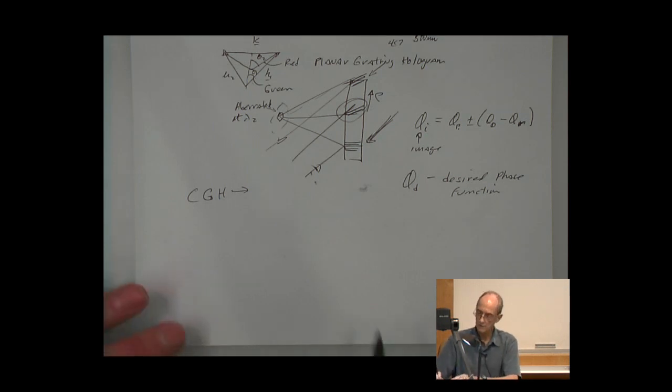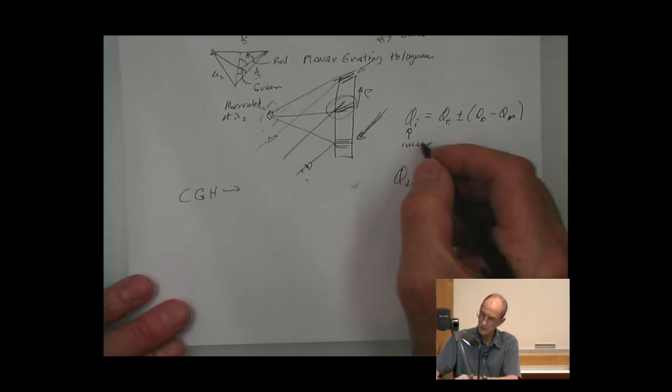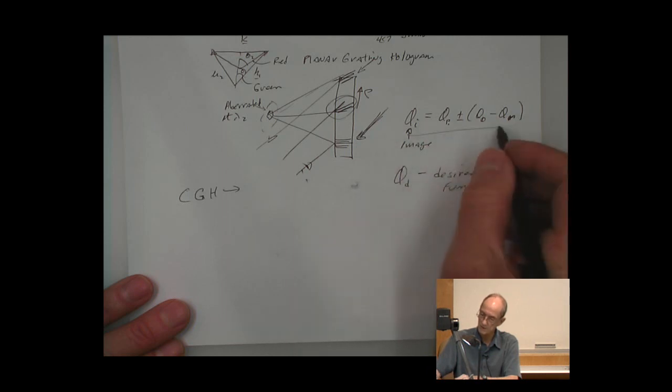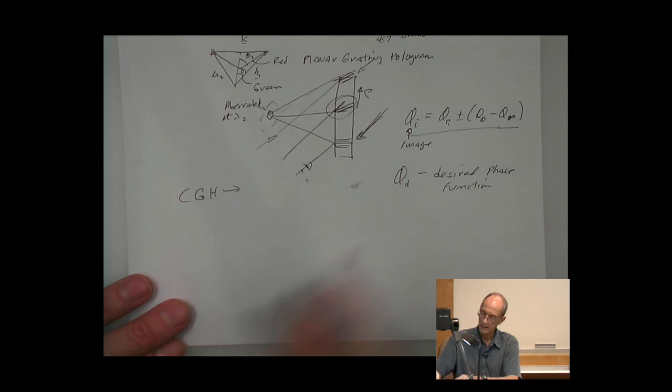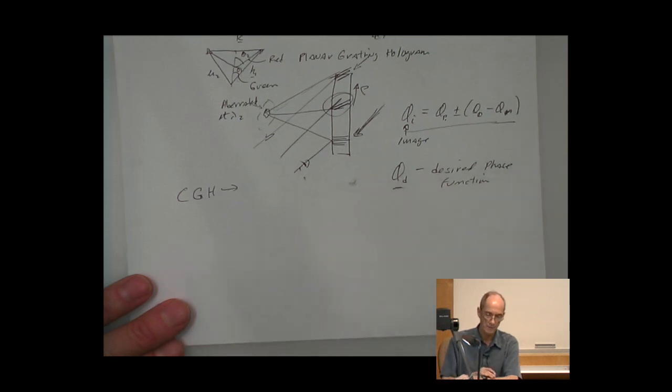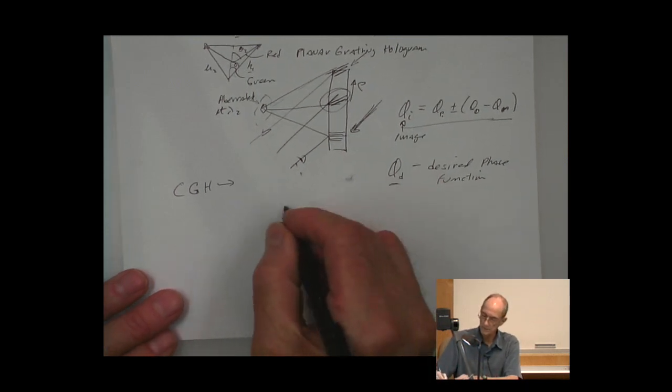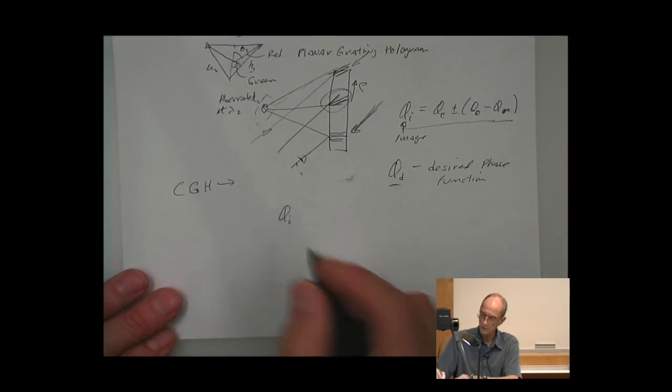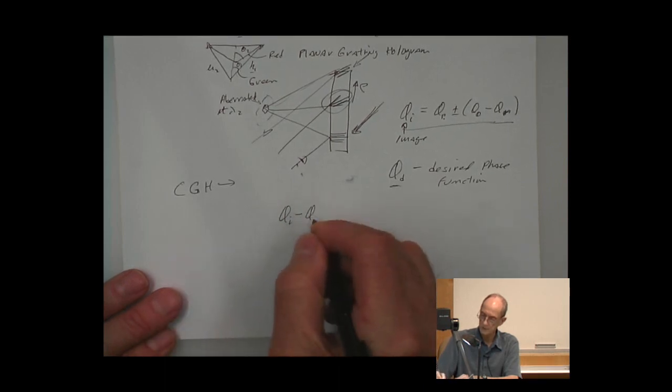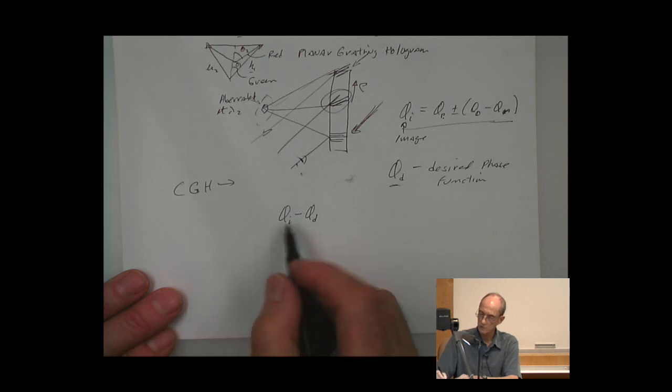So if I can calculate what this phase function is from the recording and reconstruction geometry, and I know this is what I want, then what I want to correct for is the difference between the actual image phase function that's formed and the desired phase function.